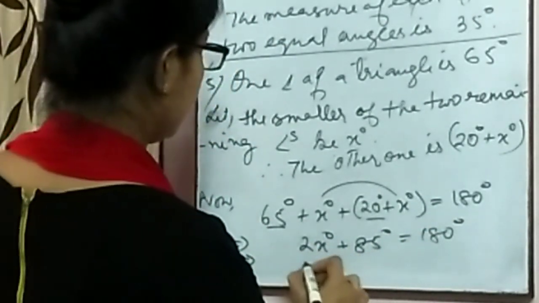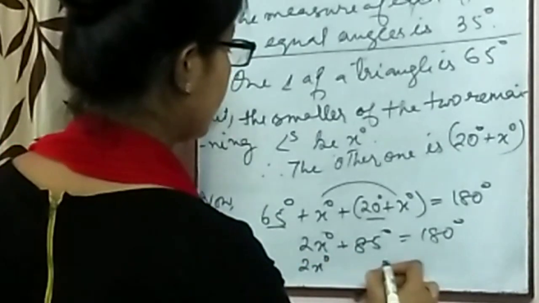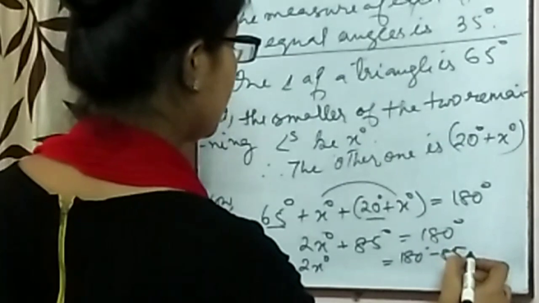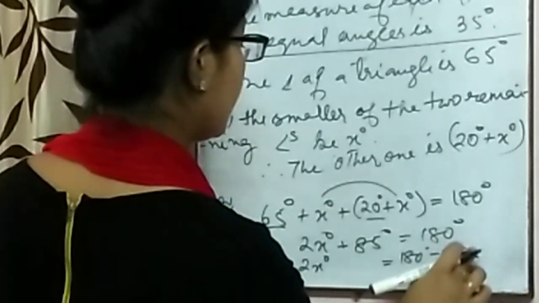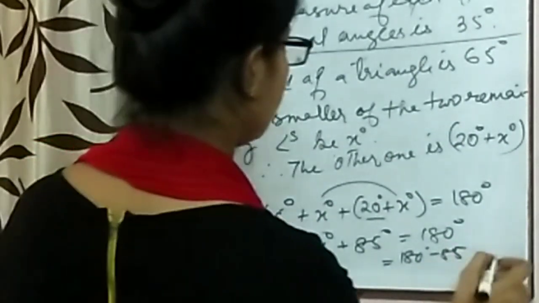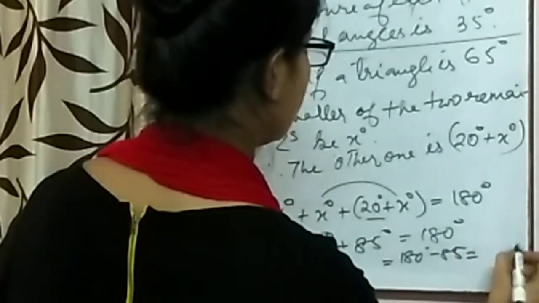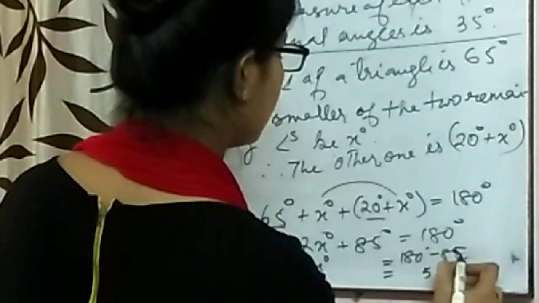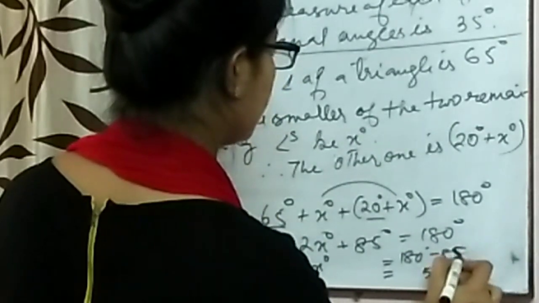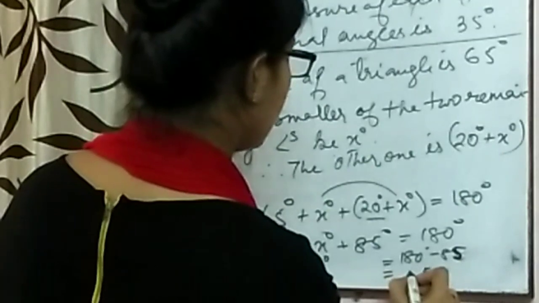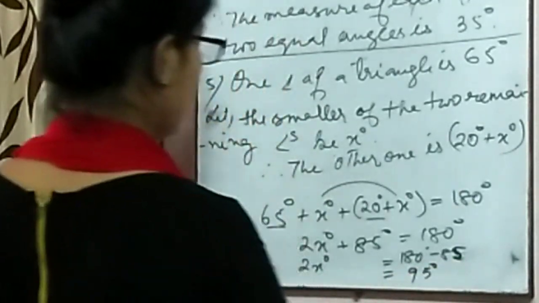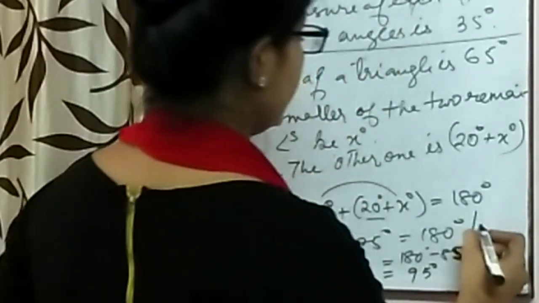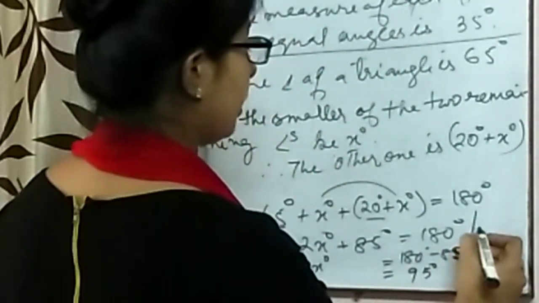Then 180 degrees minus 85 gives you 95 degrees.